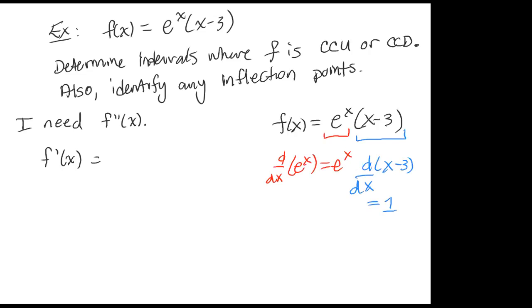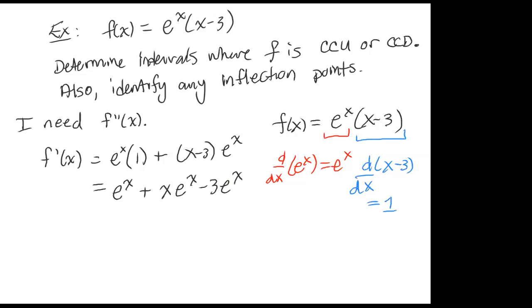f prime of x is equal to the first function, e to the x, times the derivative of the second function, which is 1, plus the second function, which is x minus 3, times the derivative of the first function, which is e to the x. I'm going to rewrite this to make it look a little cleaner. This is e to the x plus x e to the x minus 3e to the x.